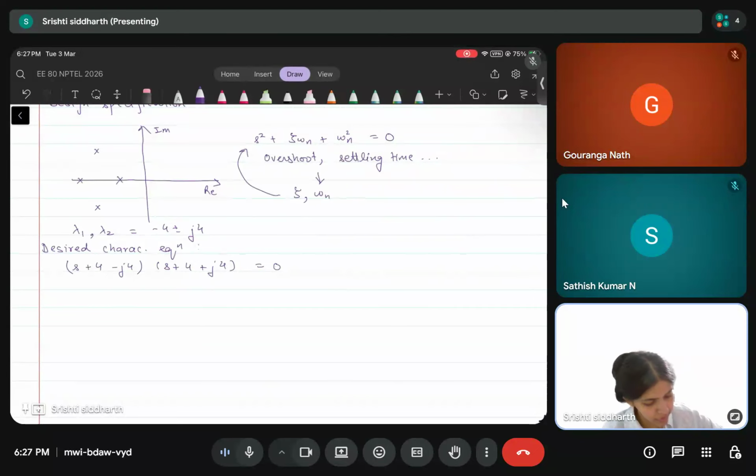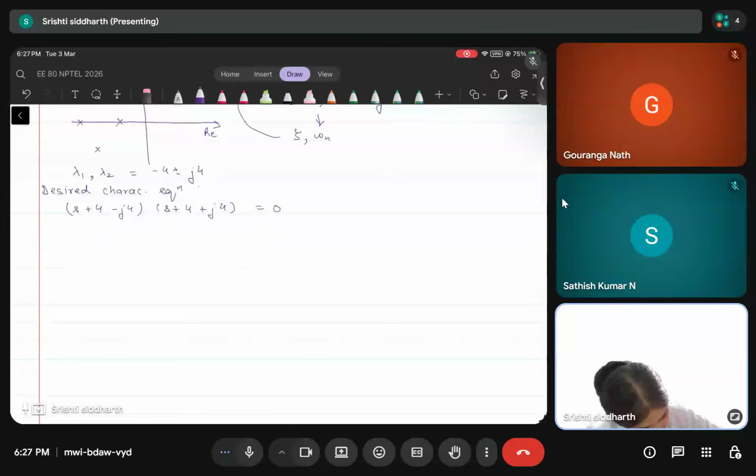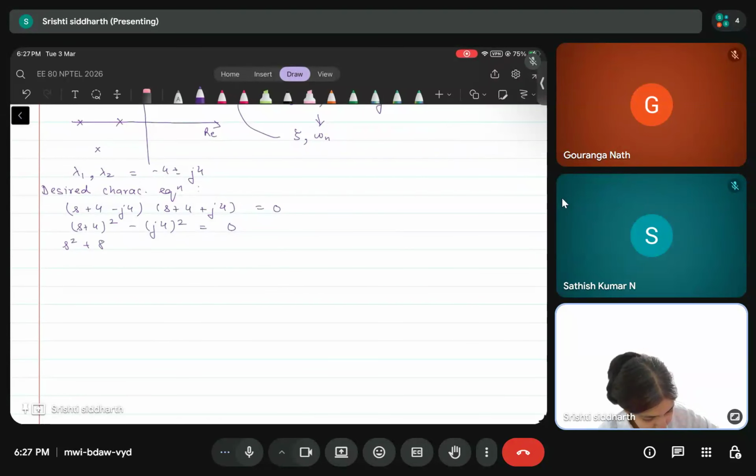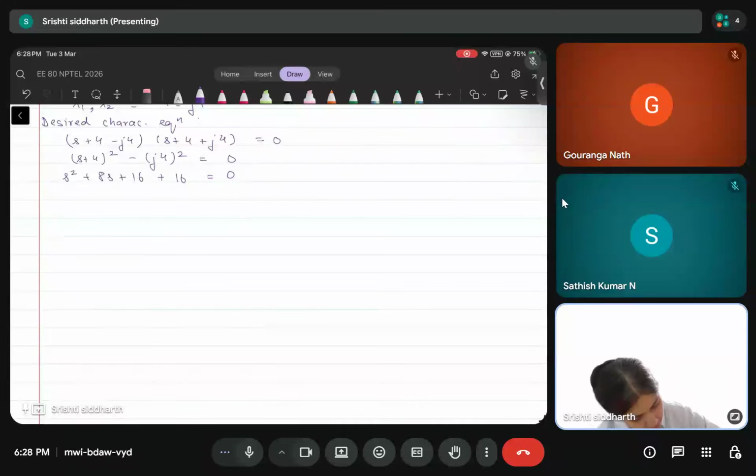So let's expand this. This is correct. So this is going to be equation 2. So I'm comparing 1 and 2.